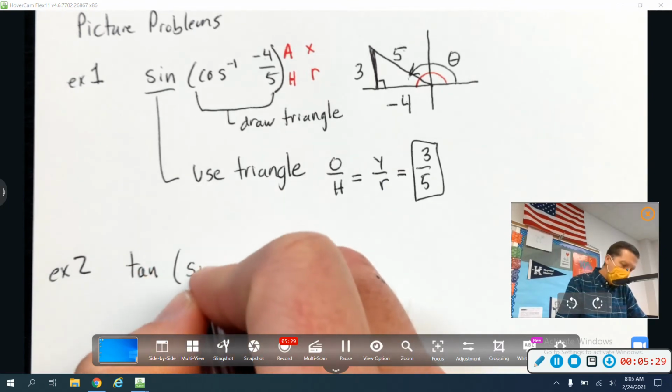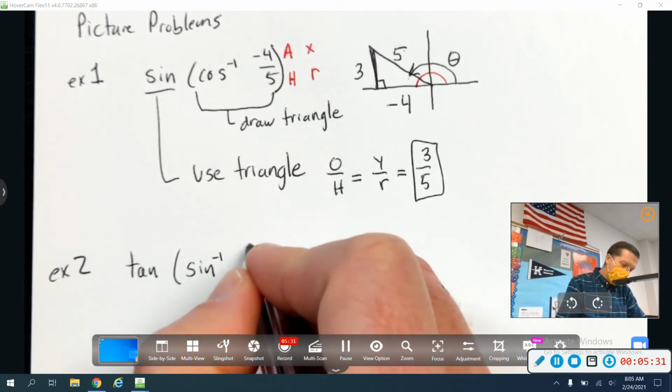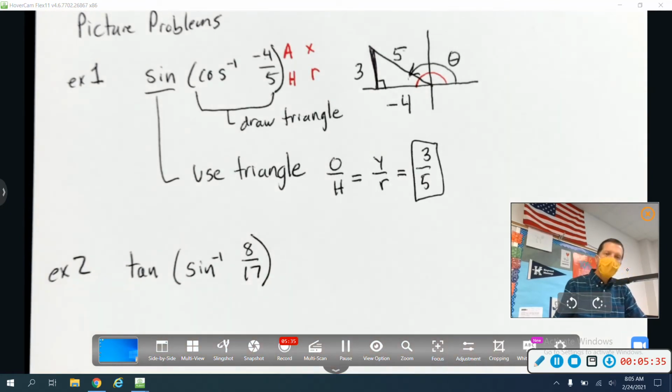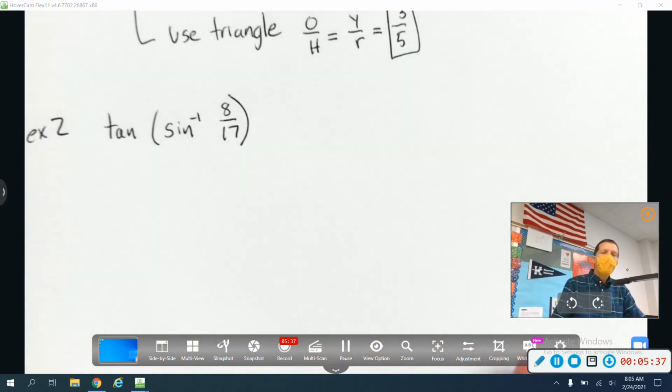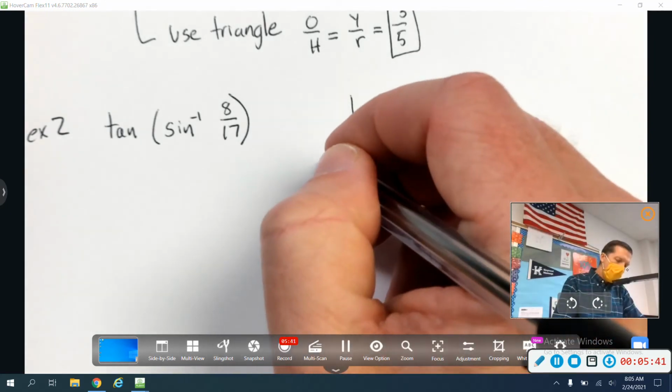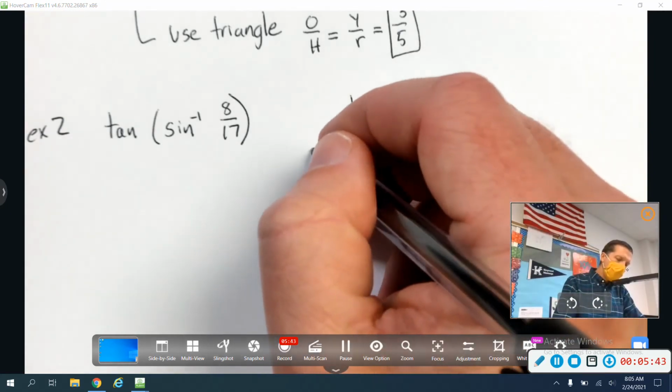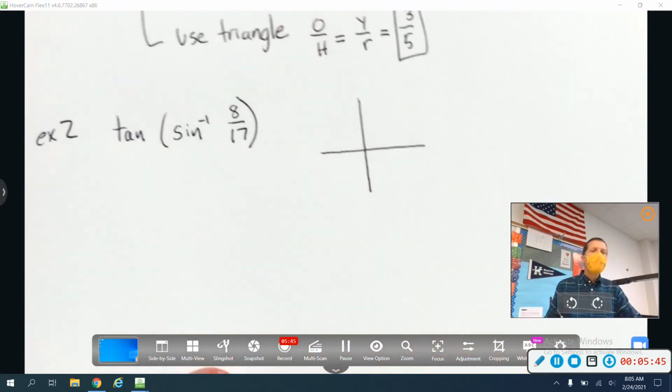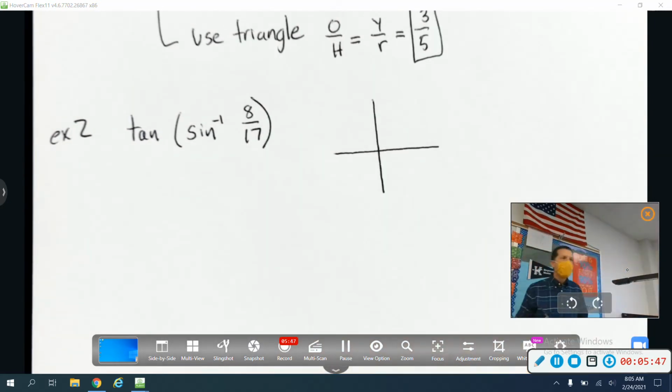Tangent of the inverse sine of 8/17. What quadrant am I going to draw my picture in? Yeah. Quadrant 1, because it's positive.